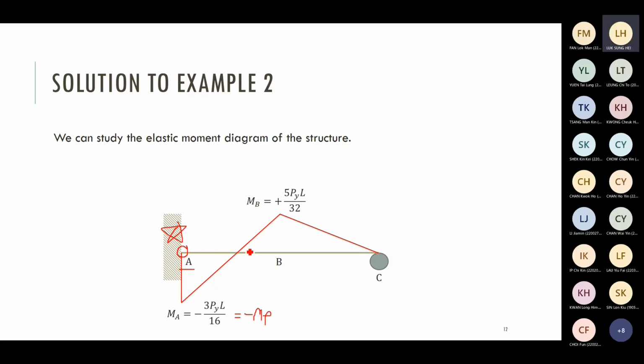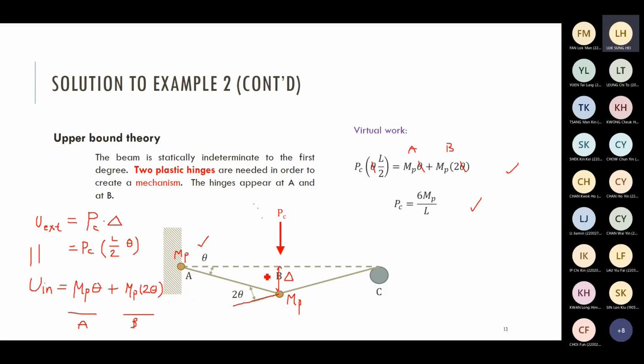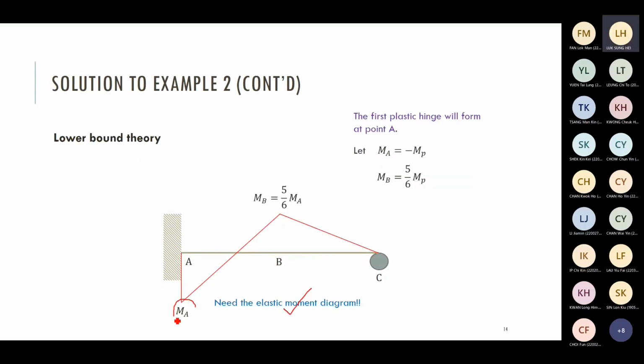This is one condition we have from the moment diagram and the yield requirement. This value is equal to our plastic moment, negative.